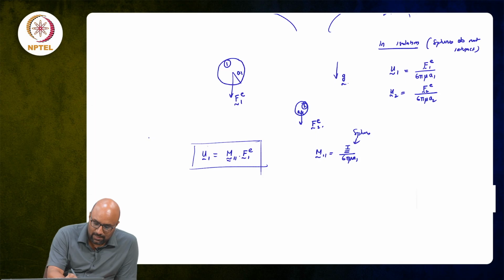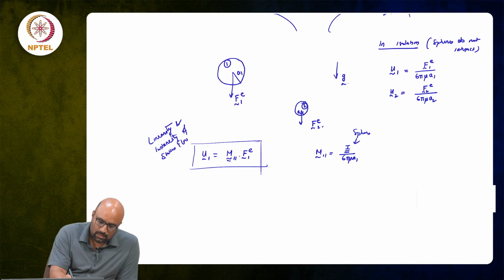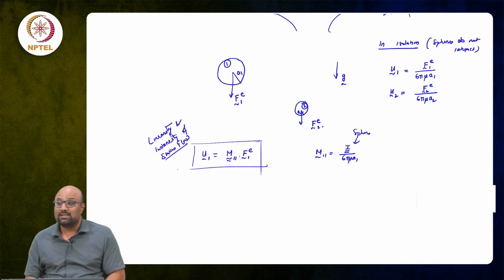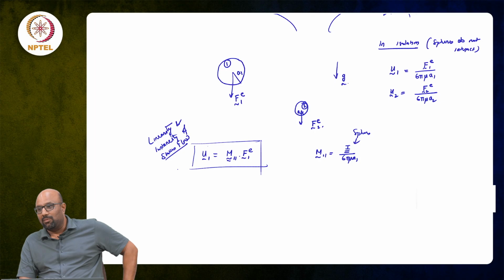This relation comes from the linearity and instantaneity of Stokes flow. This is what we learned when we discussed resistance and mobility form, that you can relate the instantaneous drag to the instantaneous velocities of the particle.